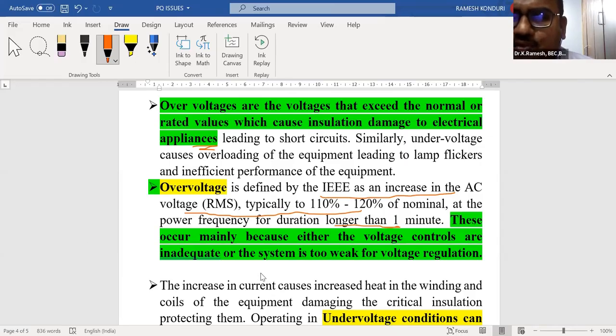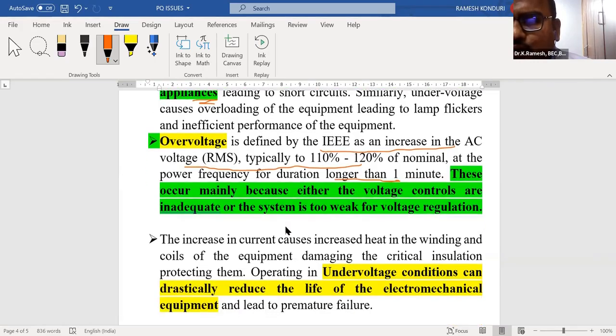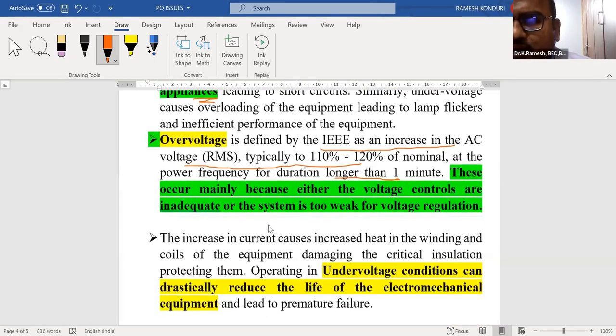These occur mainly because either the voltage controls are inadequate or the system is too weak for voltage regulation. So when the control over the voltage or the voltage regulation in the system becomes weak, these over voltages do occur.